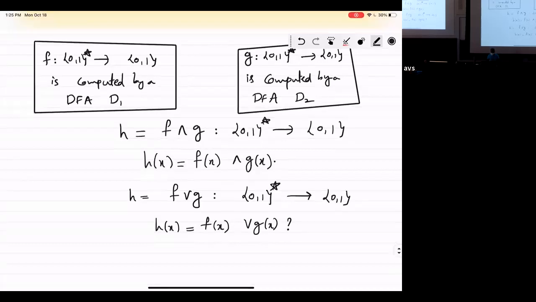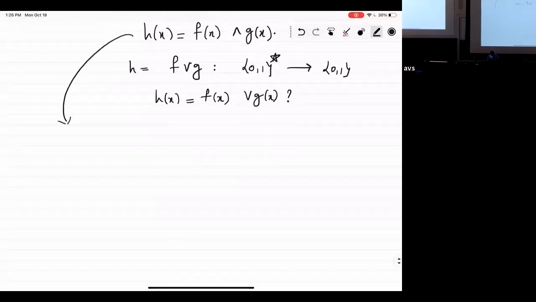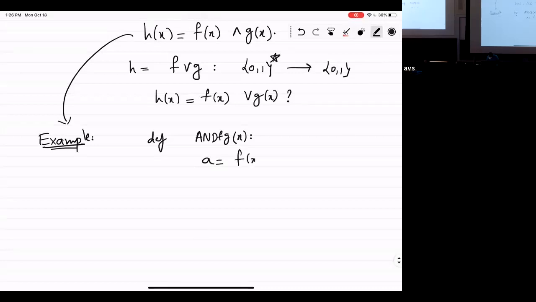For example, def f and g: a equals f of x, b equals g of x, return a and b.